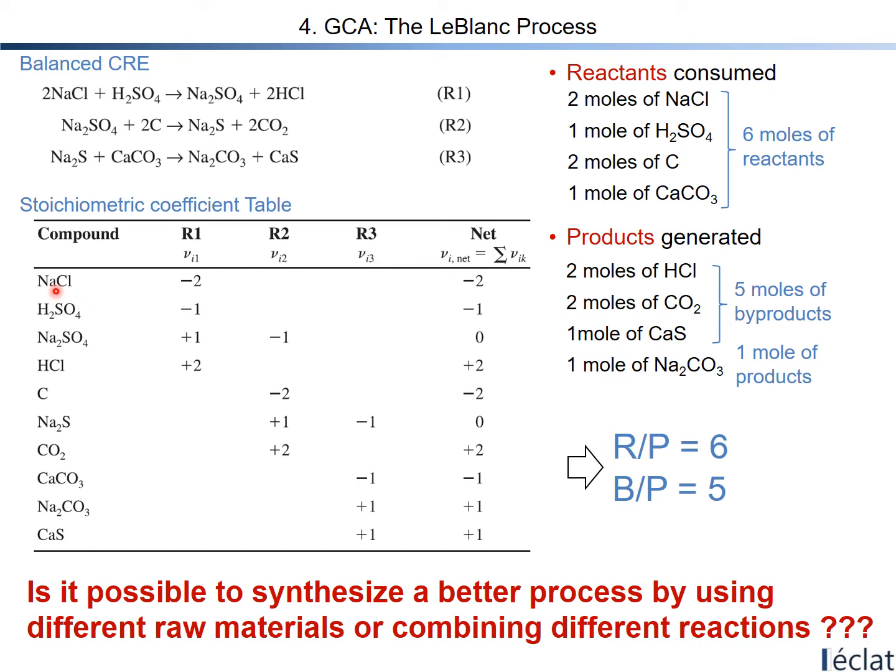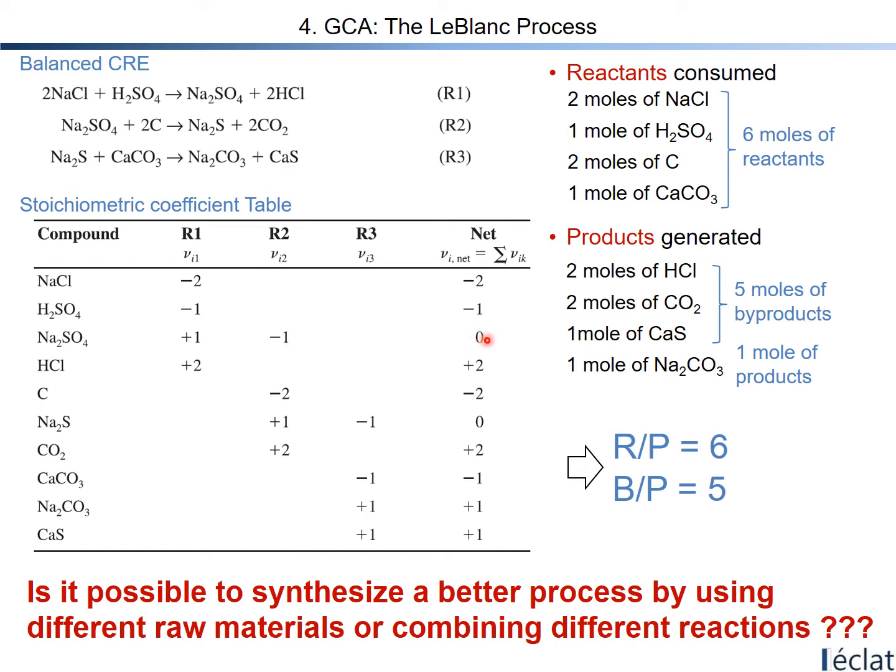So sodium chloride is just a raw material, so it appears only in the R1 column. So -2 is just going to -2. Let's go to the other things. How about sulfuric acid? In R1, this is generated. However, in R2, this is consumed. So sulfuric acid is going to 0 as the net sum.